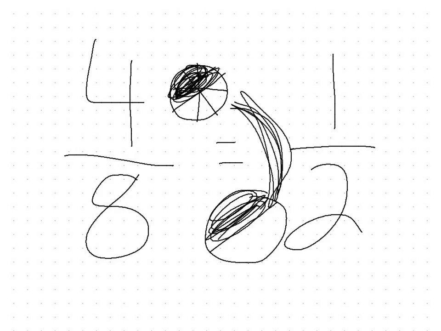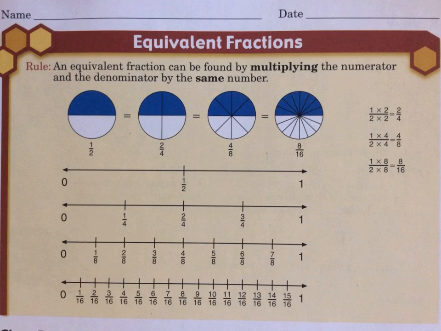And so we're going to look today more at equivalent fractions, fractions that equal each other. They're showing the same thing here, where we have 1/2 and 4/8. All of those equal each other, along with 2/4, 8/16. They're all the same thing, just written differently. The rule says an equivalent fraction can be found by multiplying the numerator and the denominator by the same number.